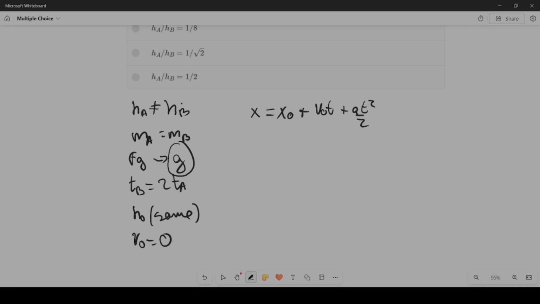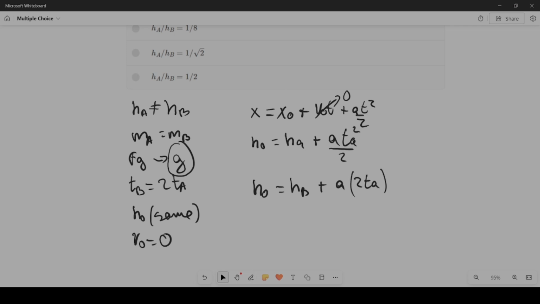And then if we put it in this notation, we have that the final height, which is going to be H0, and that's the ground, equals the initial height for A, HA, plus v0 t, which is 0, so it cancels out for both, plus the acceleration times tA squared over 2, where tA is the time it takes A. And for B, it's going to be H0 equals HB plus, now we need to write time B as a function of time A. We know that time B is 2 times A, so we can write, instead of time B, 2 times tA.